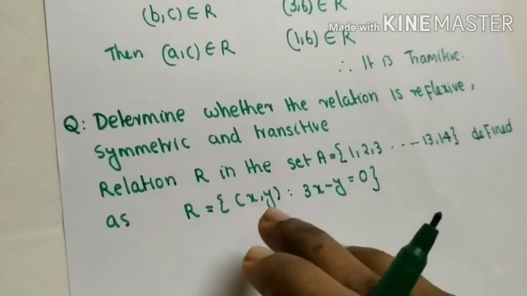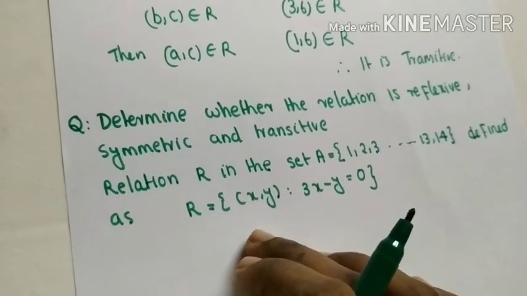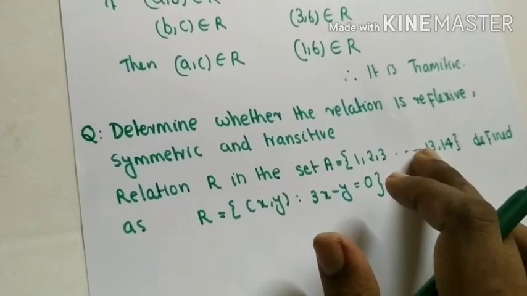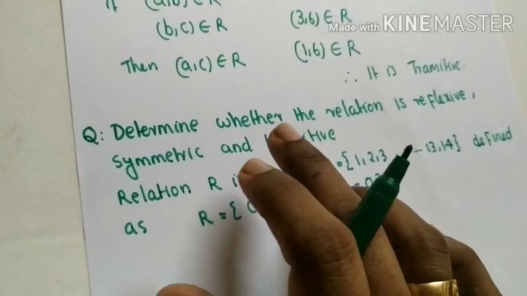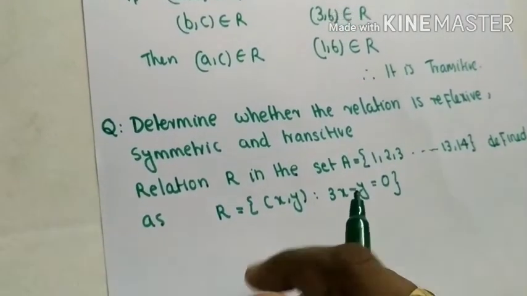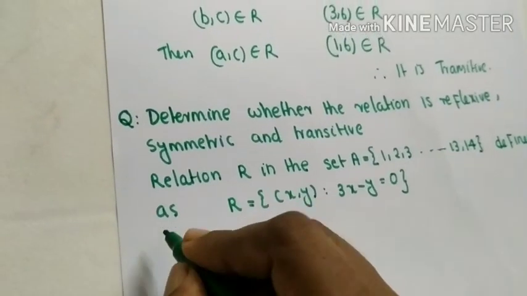This is our next question. In this question we are given a relation on set A, and we need to find out whether the relation is reflexive, symmetric and transitive. So let's begin the solution.